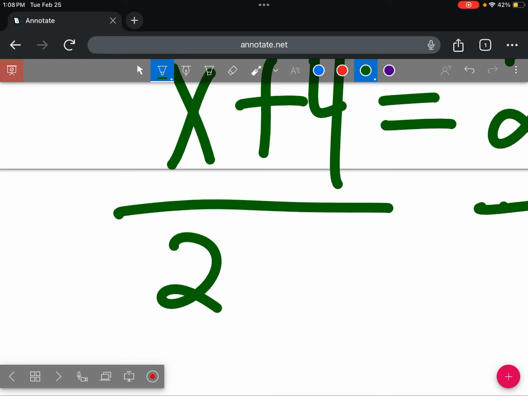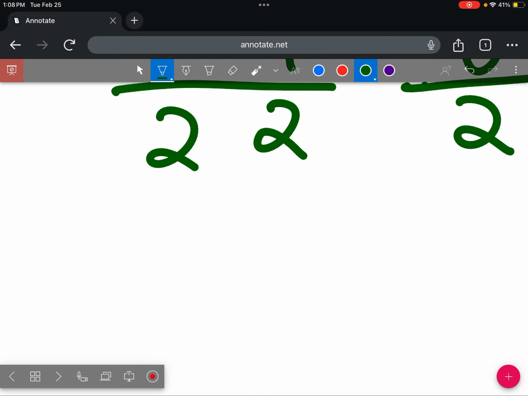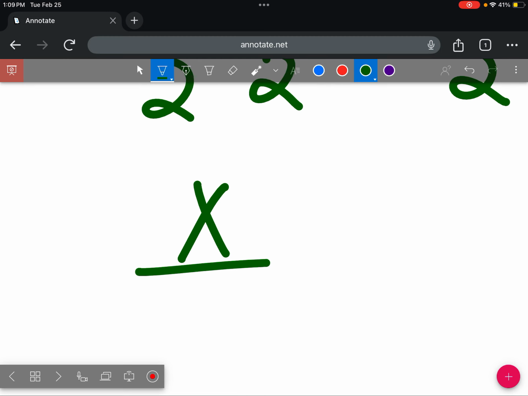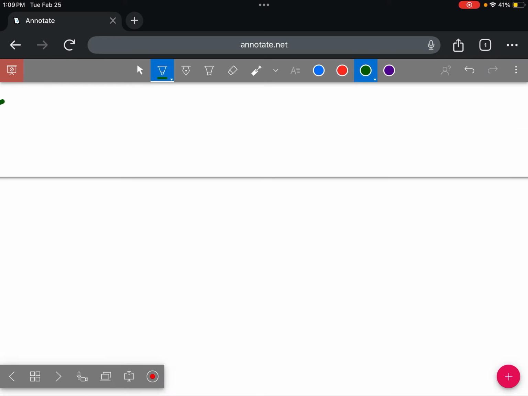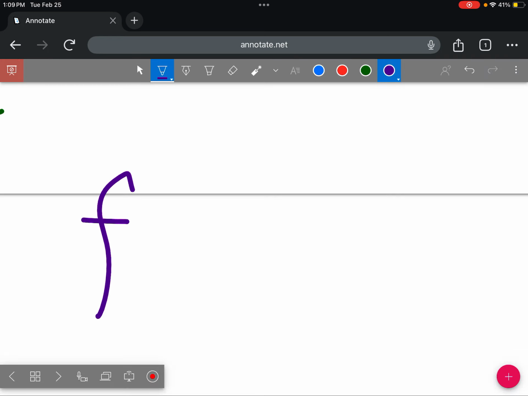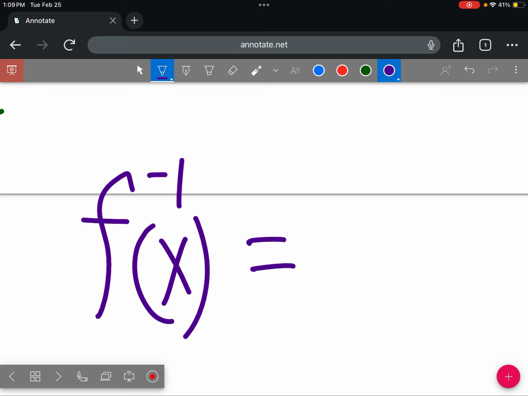All right. Fabian. All right, so then what we need to do is we have to do x over 2 plus 4 divided by 2 is 2 is equal to y. So this tells you that inverse of f of x is equal to x over 2 plus 2.